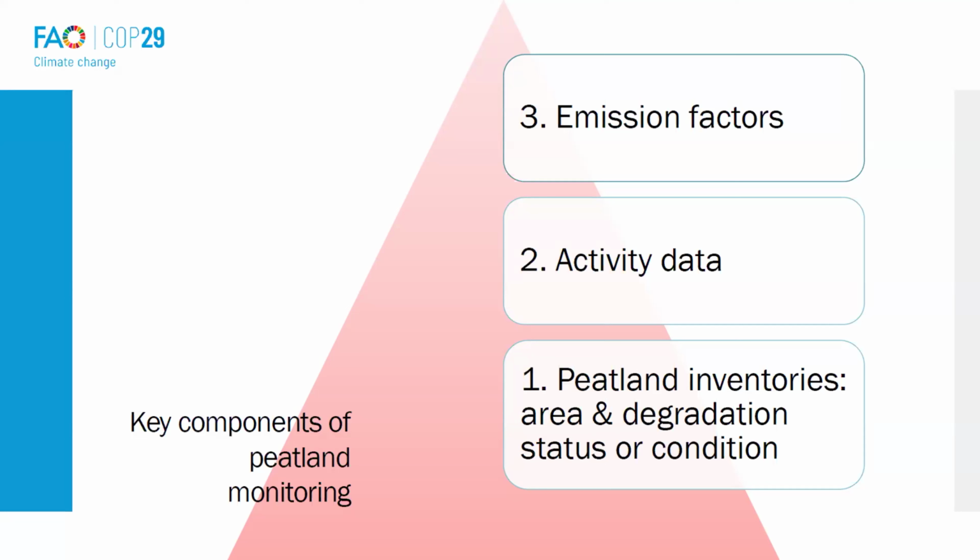What's happening there? Are the restoration activities ongoing? And then after that, you need the emission factors. And this is, of course, also often a big challenge, especially, let's say, in Africa and other countries where there are not very many studies yet on how much emissions are being emitted by year, by hectare or unit of area.